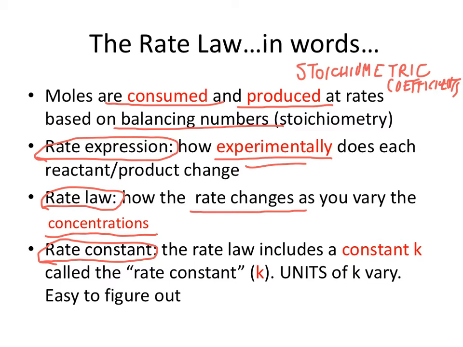The rate law includes something called the rate constant. This rate constant we call with a small k. And the units of the rate constant vary, and we will learn a way to figure them out. So we have rate expression, rate law, and rate constant. And the best way to go about learning these things is to actually just practice.